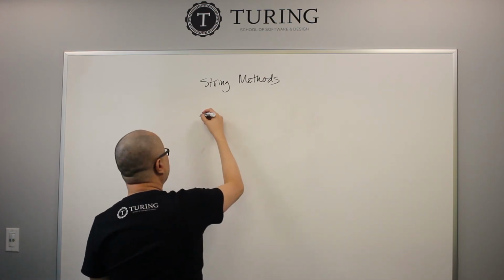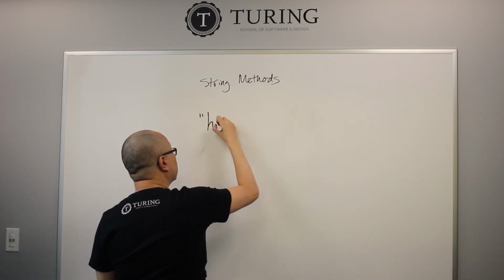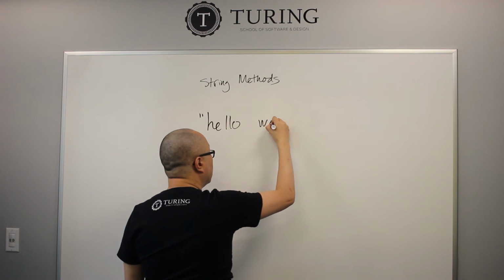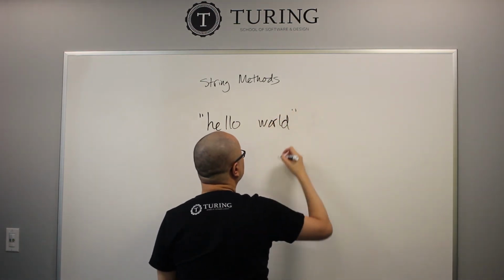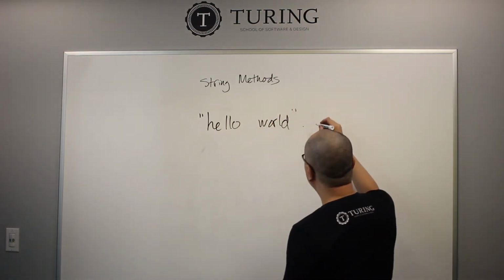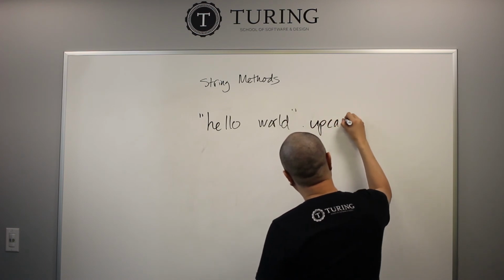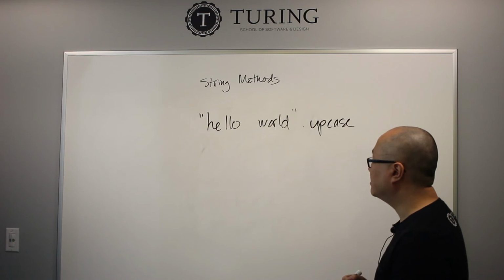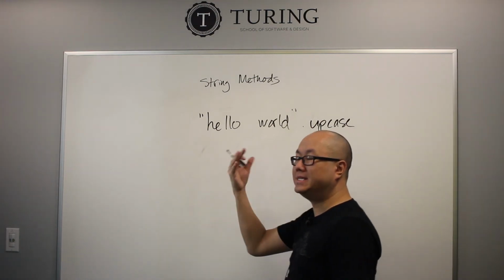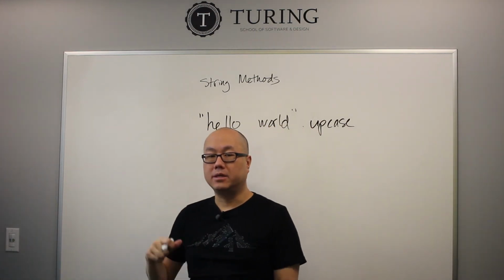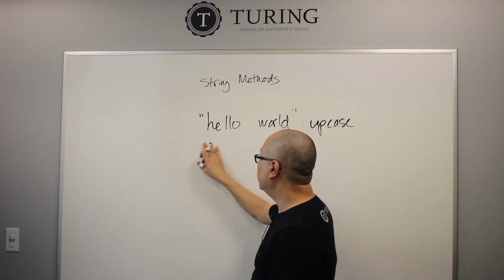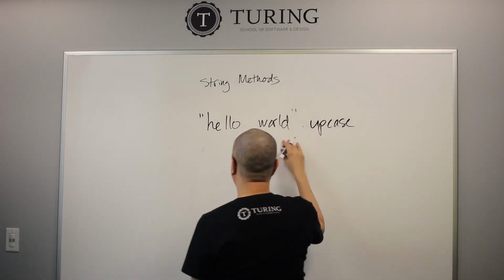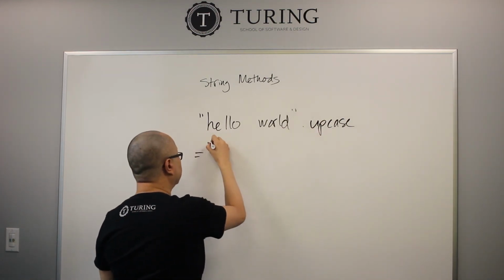So if we take this string that we've been using, hello world, and we run the upcase method on it, what do we think is going to happen? Upcase, what does that sound like? The upcase method is going to simply give us this string all in big letters, uppercase letters.